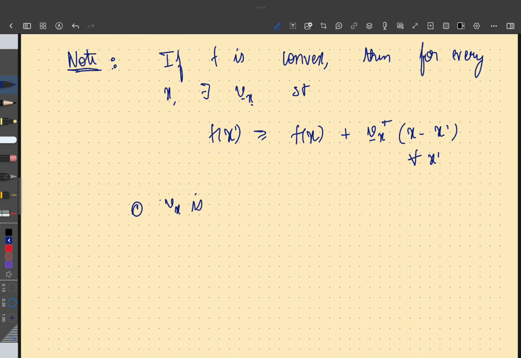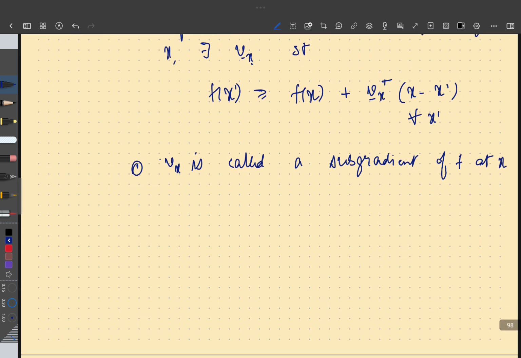This v_x is called a subgradient of f at x.